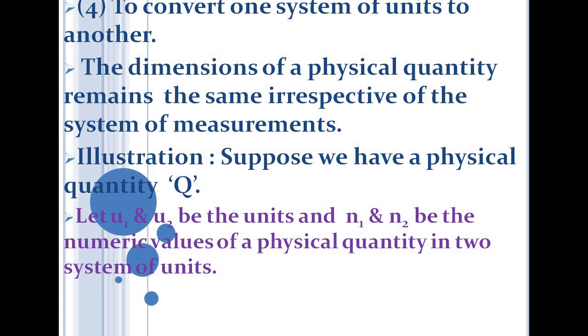That means the numerical value is also different from the CGS system, and the unit meter is also different. That means numerical values and units are different. What about the dimension? Dimension always remains the same for a particular physical quantity. Length has always the dimension L.